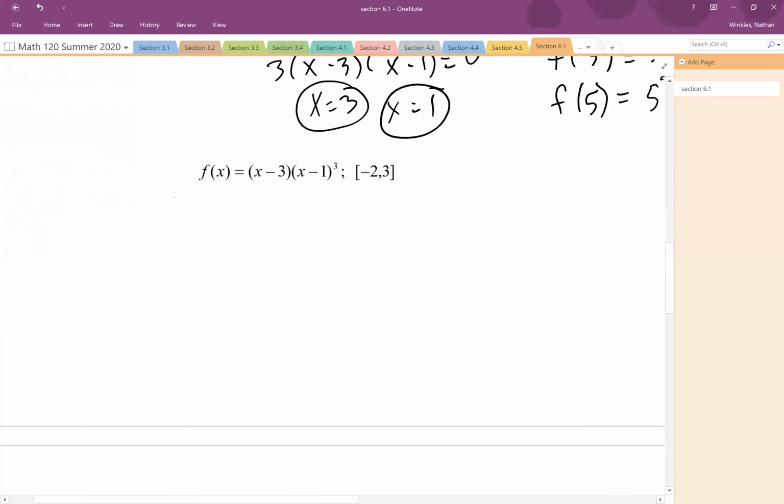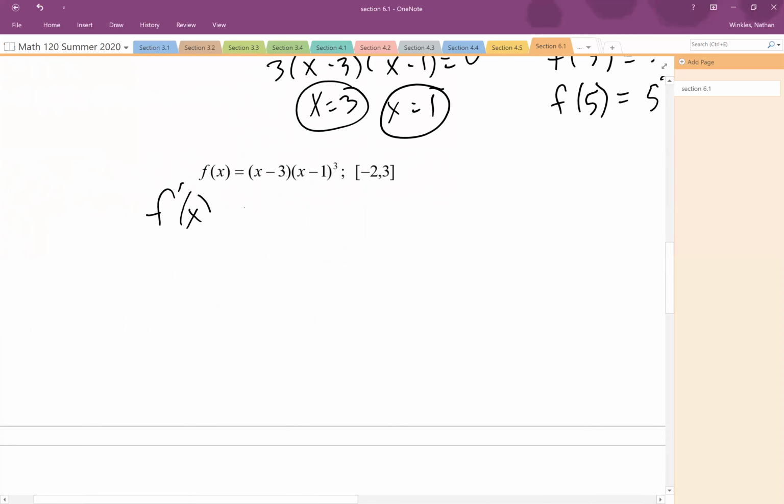So same thing here. F prime of x is equal to, so in this case, we can have a product rule. So we'd have 1 times (x minus 1) to the third plus (x minus 3) times (x minus 1) squared times 1. If we factor out the (x minus 1) squared, we would have (x minus 1) plus 3 times (x minus 3).